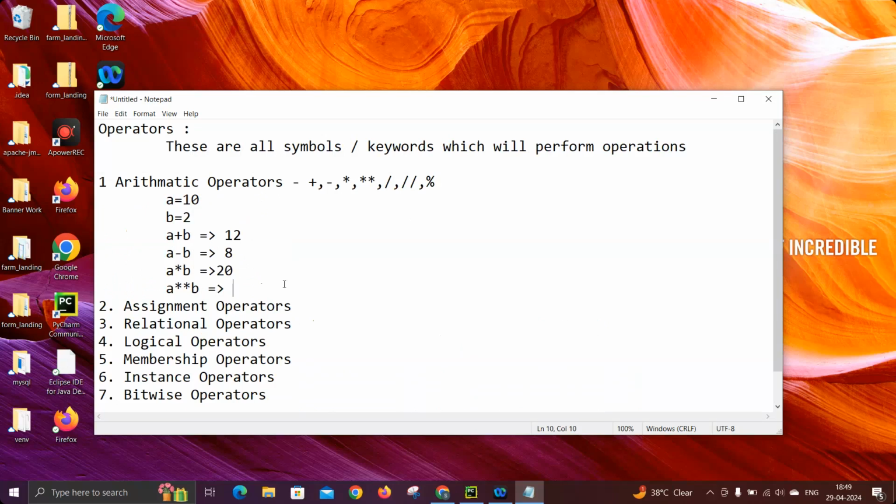That means 10 square, because a is 10, so the output will be 100. This is the major difference between single star and double star: single star is the multiplication of two numbers, double star is the power of the two values.